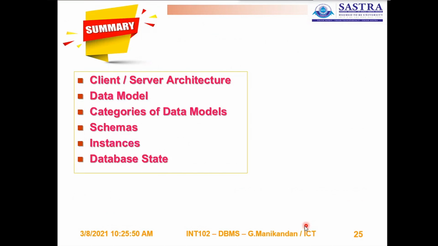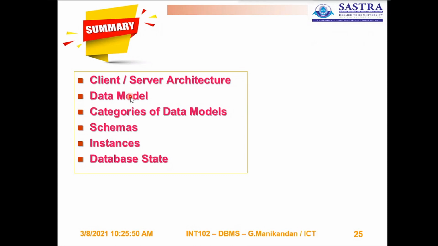As a summary, these are the topics I have covered as part of today's lecture. I started with the definition of a client-server architecture, where we want to create a distributed environment with multiple computers, each with some specific responsibility or task. Then, what is a data model, what is the purpose behind it, and how can you categorize data models based on concepts? How do you define a schema?